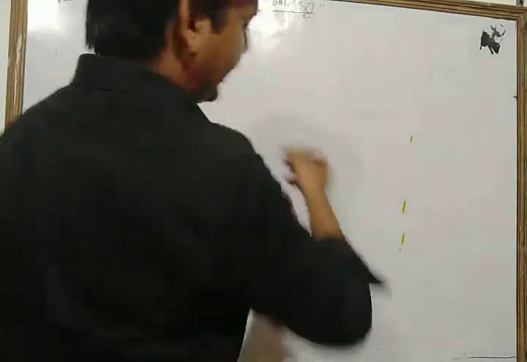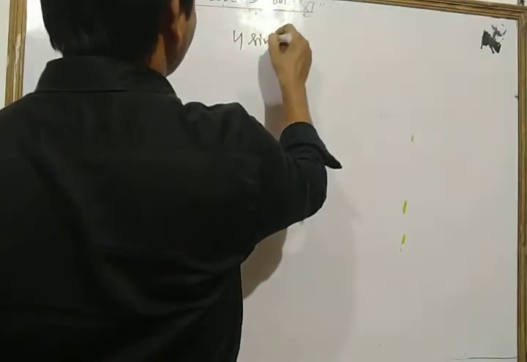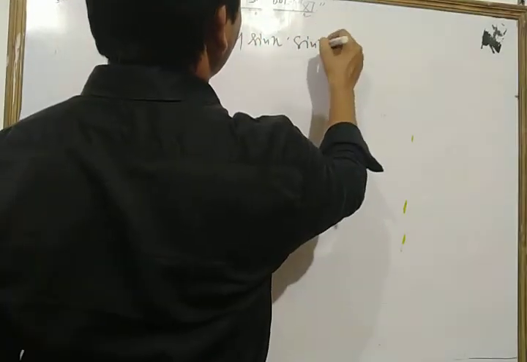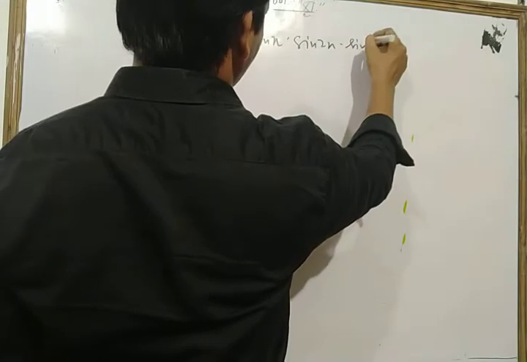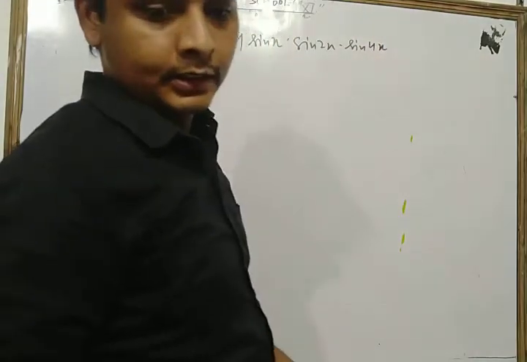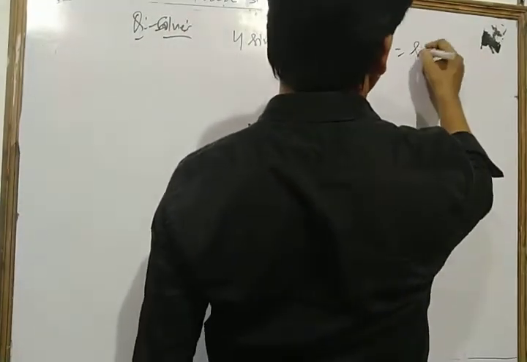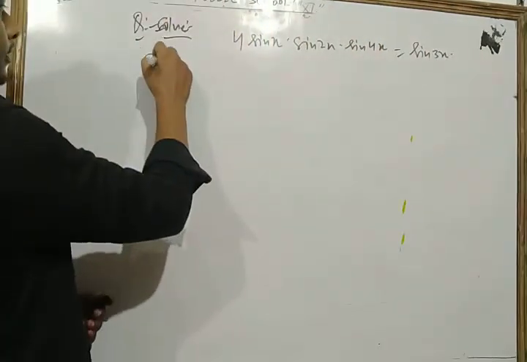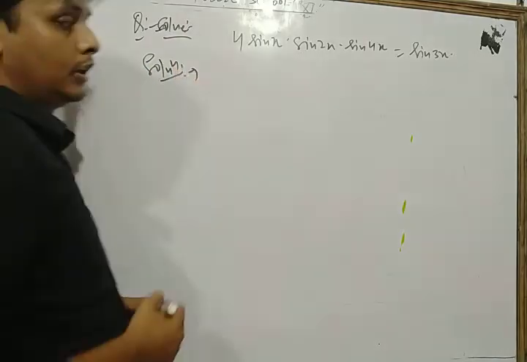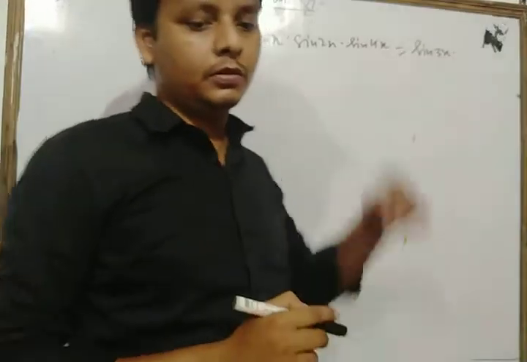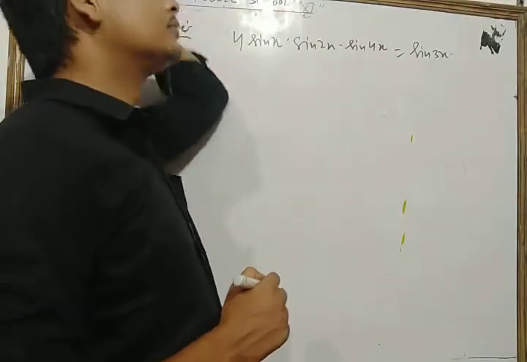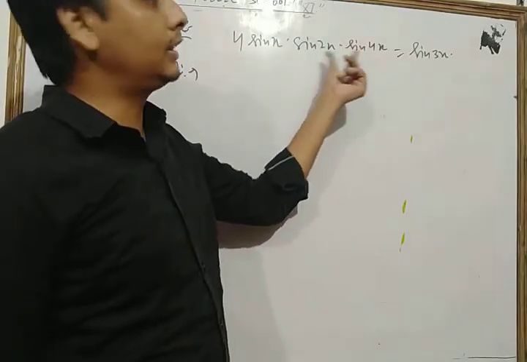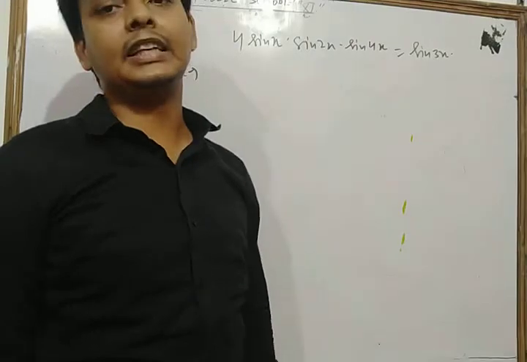Your equation is 4 sin x sin 2x sin 4x is equal to sin 3x. Let's solve this. This is a very important question. Our question is 4 sin x into sin 2x into sin 4x is equal to sin 3x.